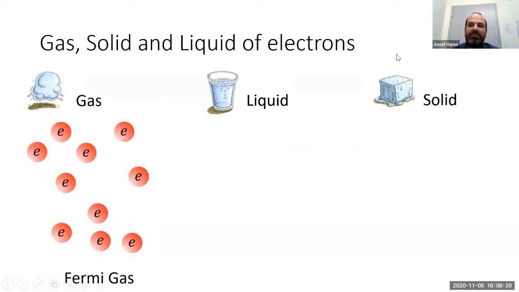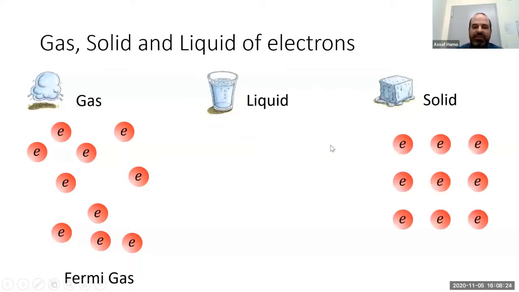The complete opposite extreme is that of a solid. And this happens when the interaction energy between the electrons is larger than the kinetic energy. And at some point, it's energetically favorable for the electrons to be localized and to form a crystal, also known as Wigner crystal.